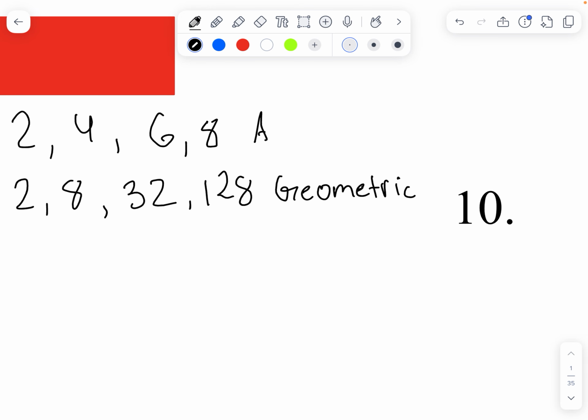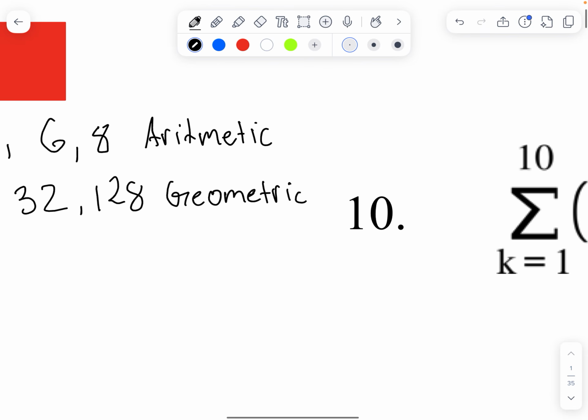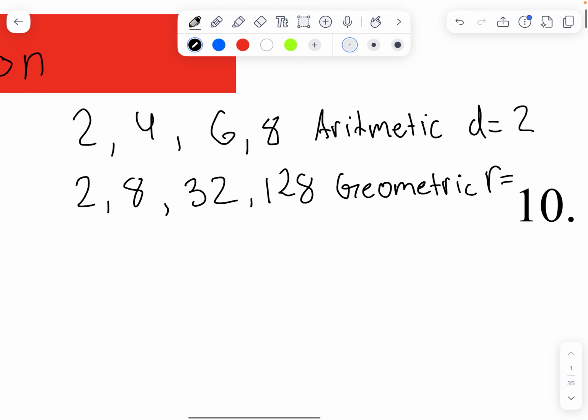And this is arithmetic. This is because this has a common difference of 2, but this has a ratio of 4.